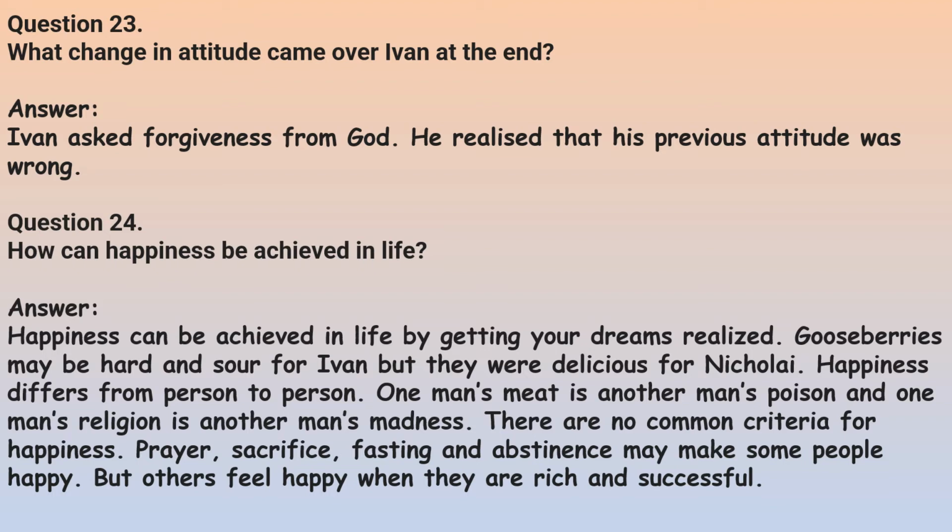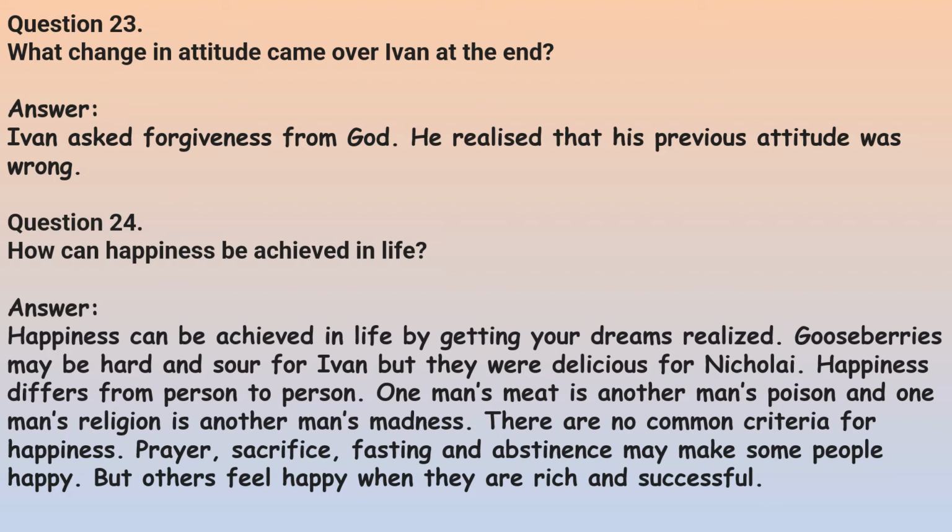Question number 24. How can happiness be achieved in life? Happiness can be achieved in life by getting your dreams realized. Gooseberries may be hard and sour, bitter for Ivan, but they were delicious for Nikolai. Happiness differs from person to person.